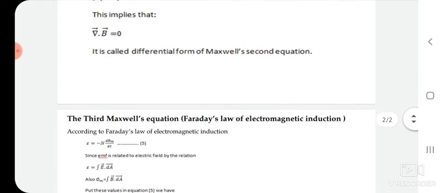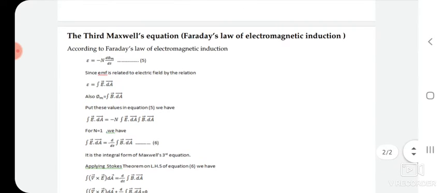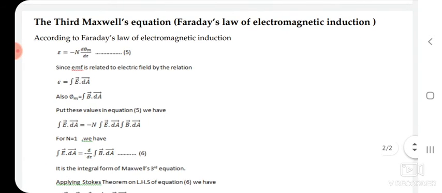Okay. Now, if we move forward, the third Maxwell equation. This third Maxwell equation can be derived with the help of Faraday's law of electromagnetic induction.